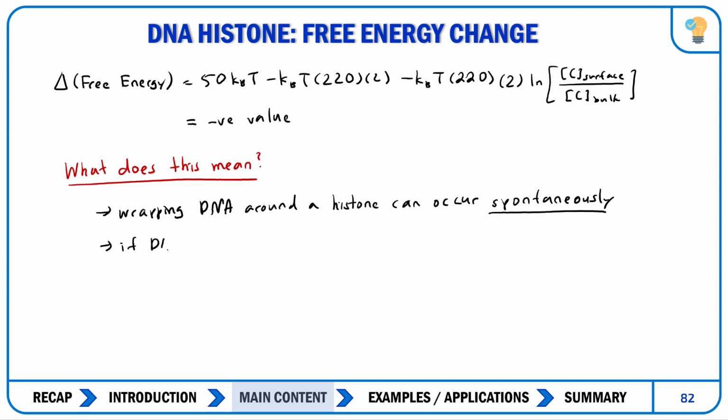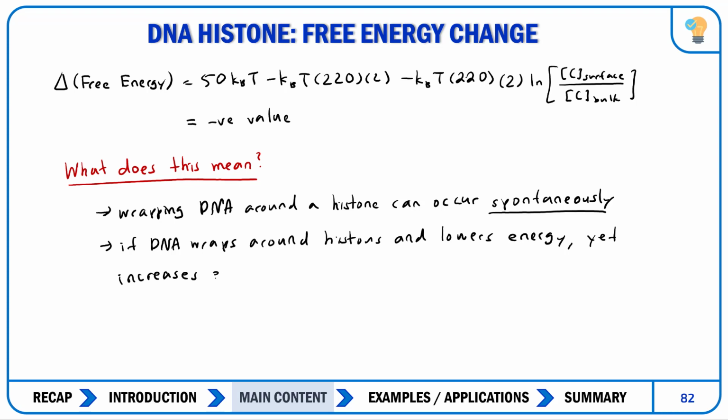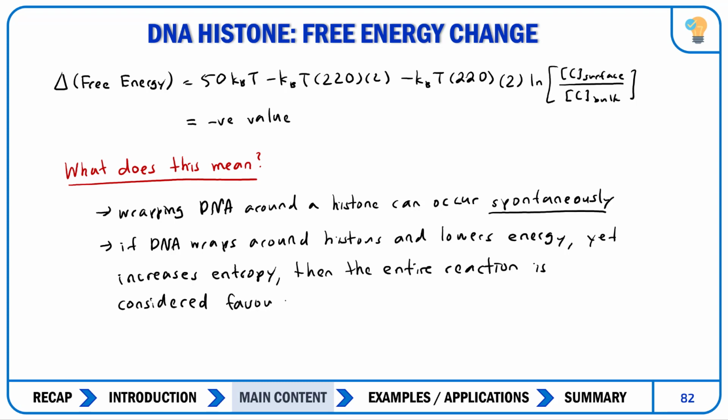And if DNA wraps around histones, and lowers energy, yet increases entropy, then the entire reaction is considered favorable.